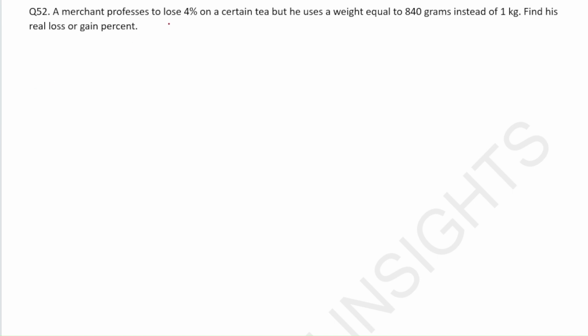A merchant professes to lose 4% on a certain tea, but he used a weight equal to 840 grams instead of 1 kg. Find his loss or gain percent. So loss 4 percent means 100 by 96, right? So convert into simplest form, then it will be 24 by 25.